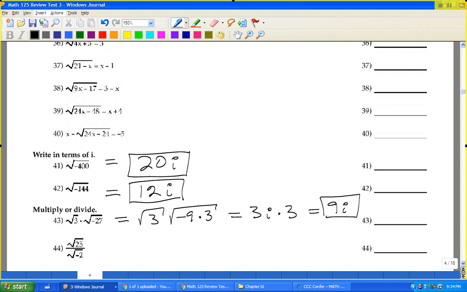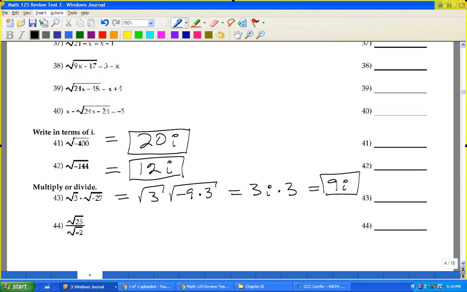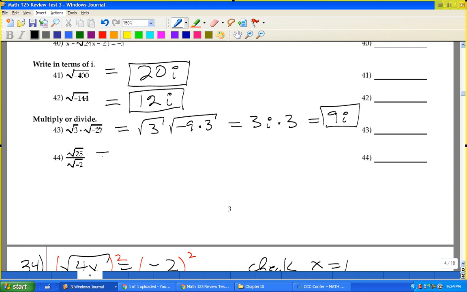Let me do problem number 44. And so I have the square root of 25 over the square root of negative 2. And so this is the same as the square root of 25, which is 5, over the square root of negative 2, which is i rad 2.